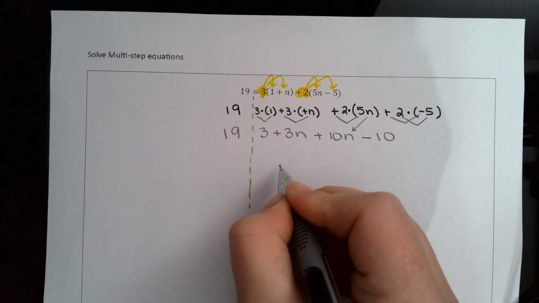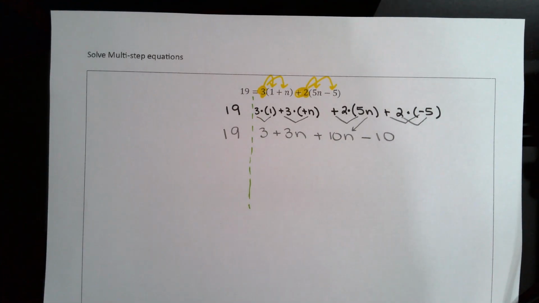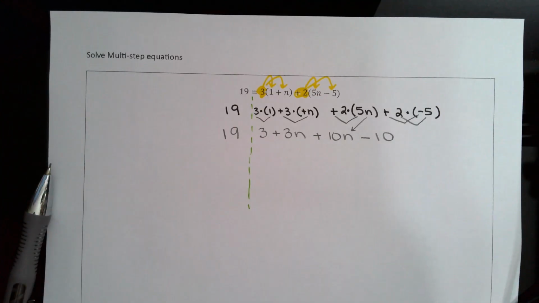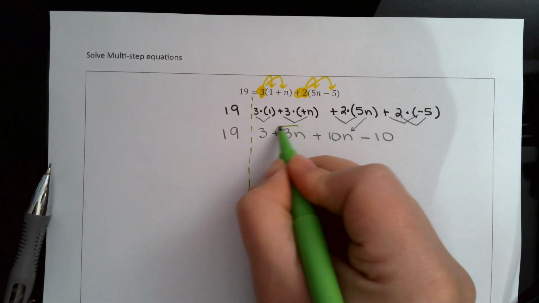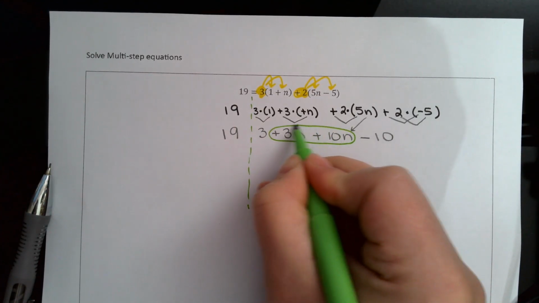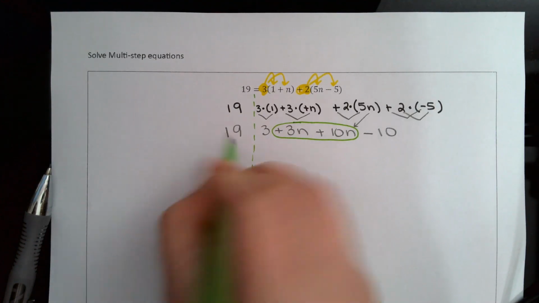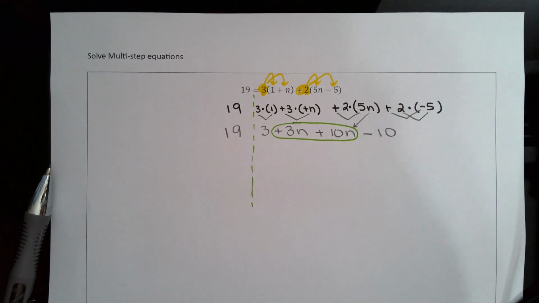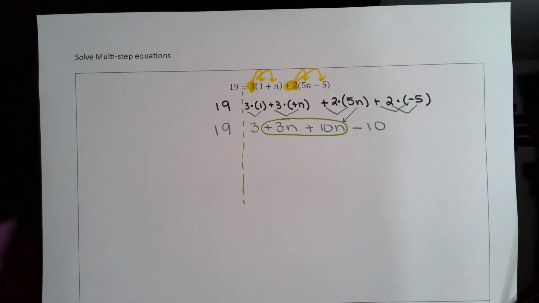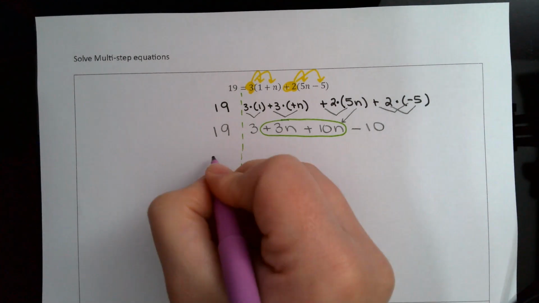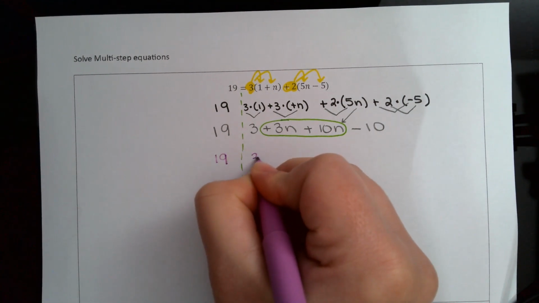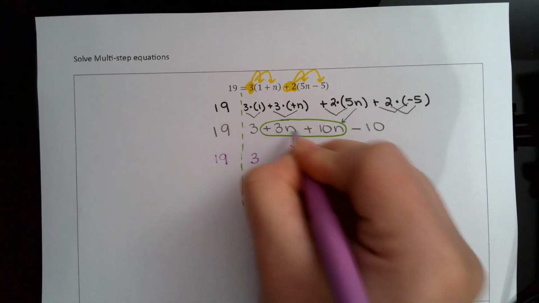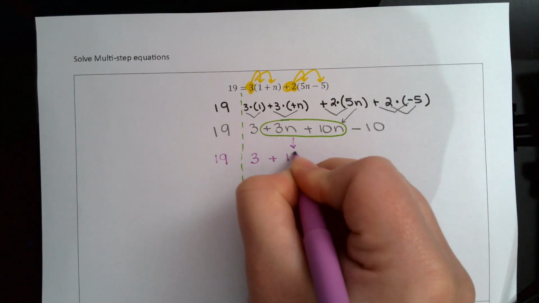Here we need to combine like terms. You can do this 2 different ways. You can just add the n's together. And then for the numbers, you can just shift them over to the other side. So for example, I'll show you how to do this in a little bit of a different way. So we got 3n and 10n gives me 13n.